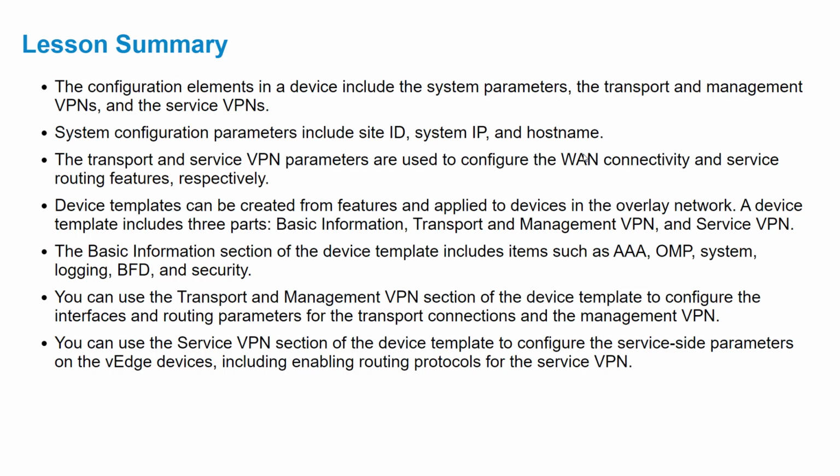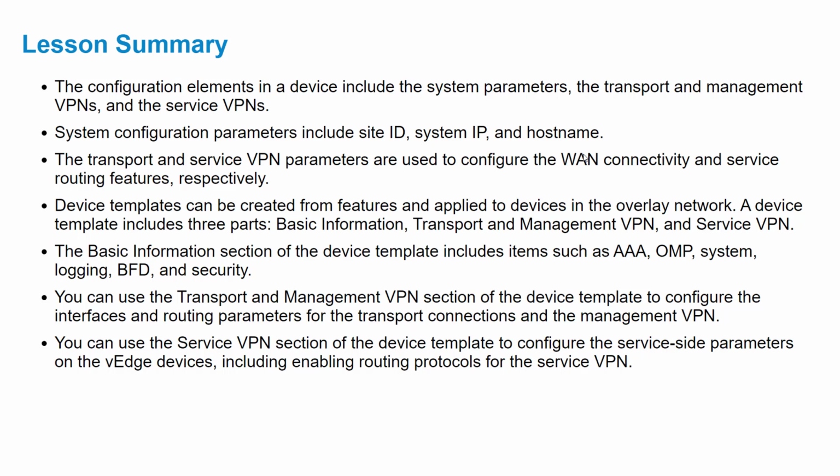So in this lesson, we talked about the configuration elements that are included in a device template, like system parameters, the transport and management VPNs, the service VPNs. We talked about the different system configuration parameters that include things like site ID, system IP, and host name, the transport and service VPN parameters that are used to configure the WAN connectivity and the service routing features.